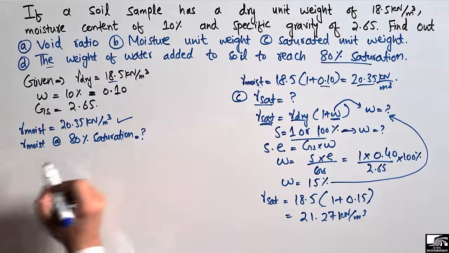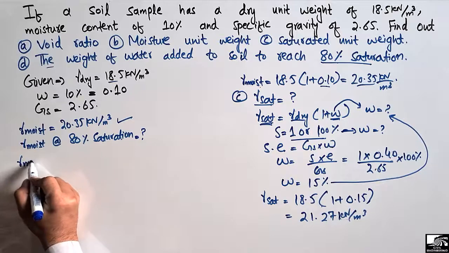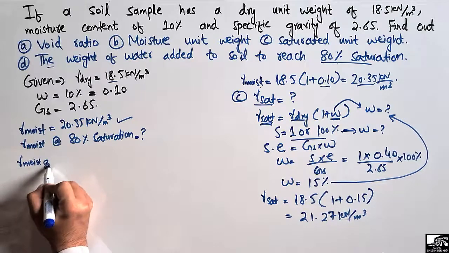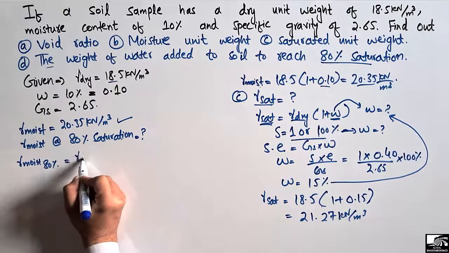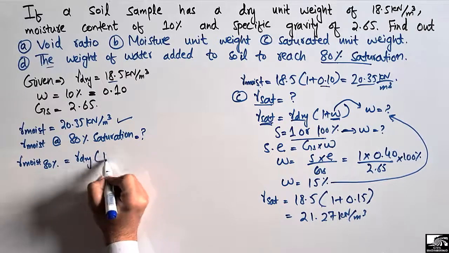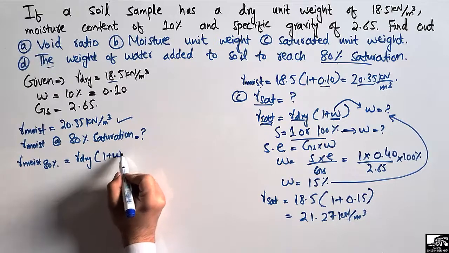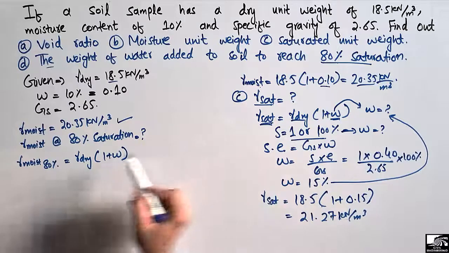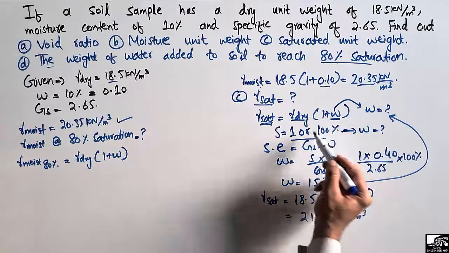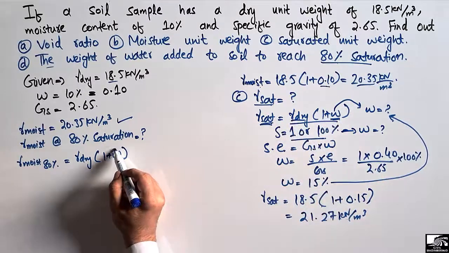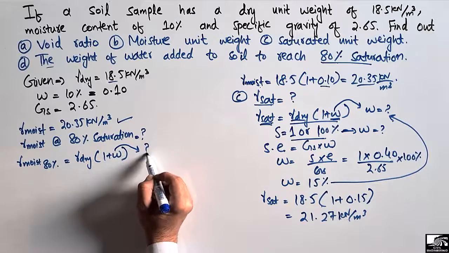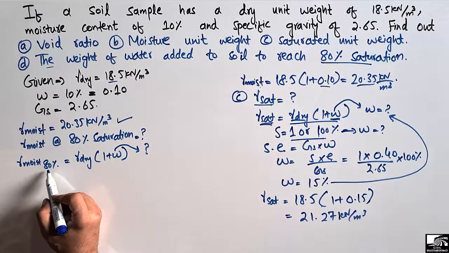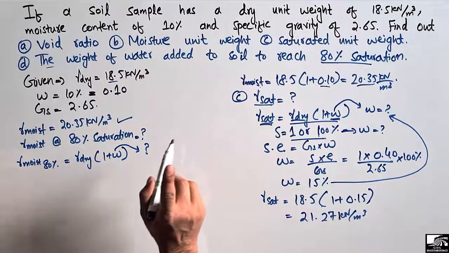To find this, we use a simple formula: gamma moisture at 80% saturation equals gamma dry multiplied with 1 plus water content. But the water content is unknown to us in this case, because we are using 80% saturation. We are not using fully saturated soil.